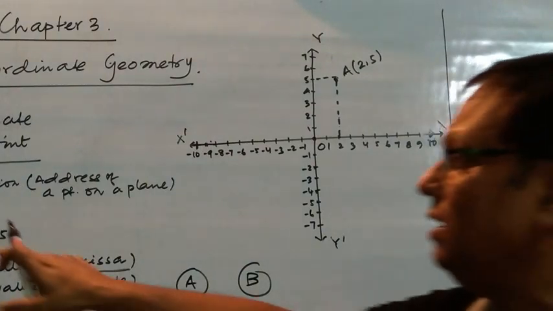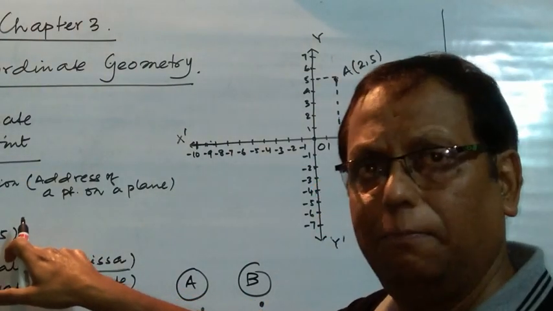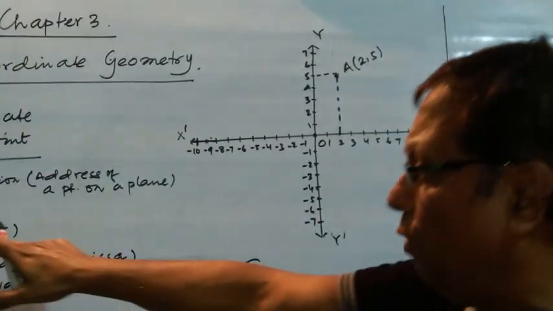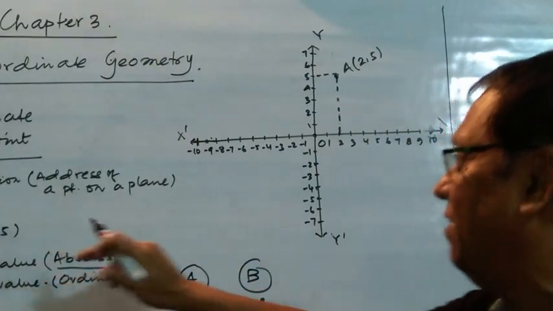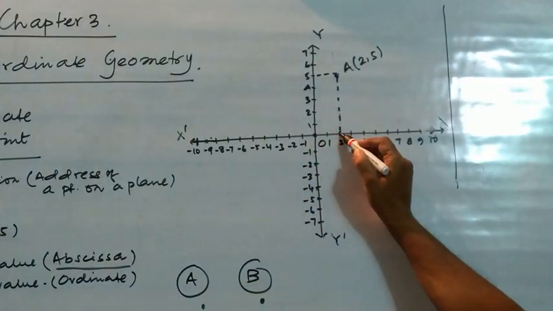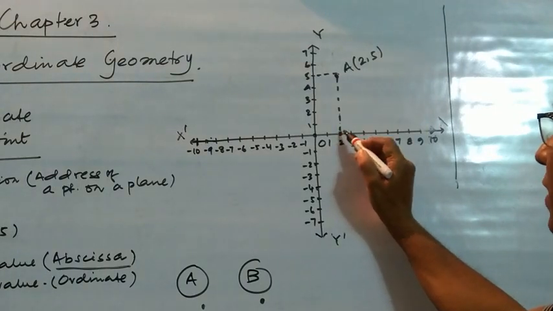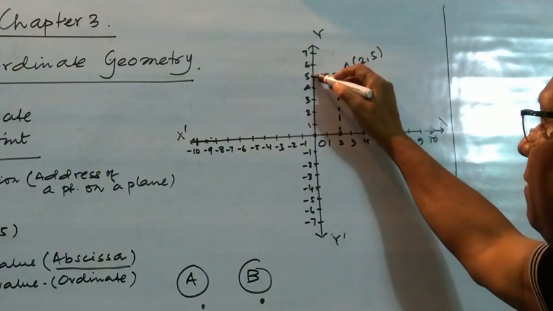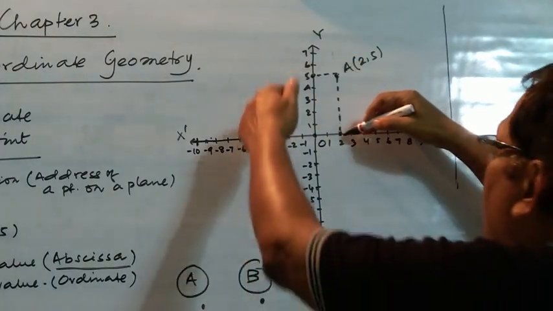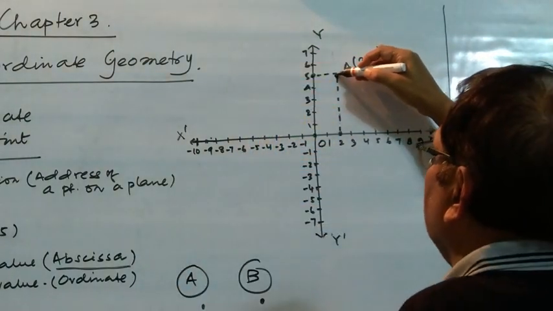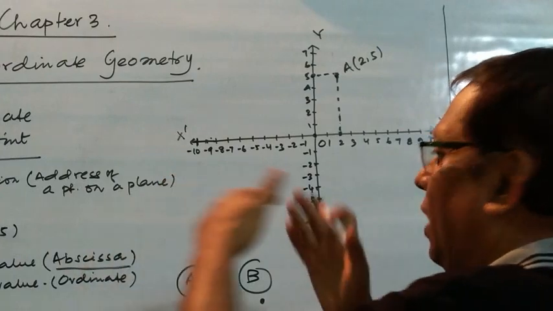Now our point is 2, 5. So 2 is the x value, 5 is the y value. So at 2 we will come, where x is equal to 2, and y is equal to 5 at this point. We will start moving and we will stop at the place where the two lines meet.